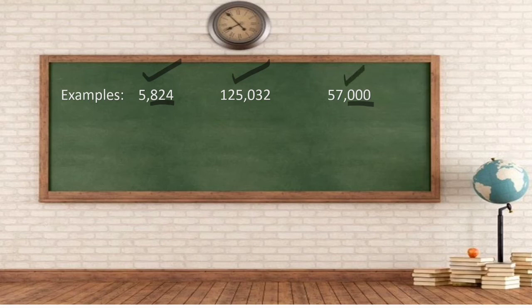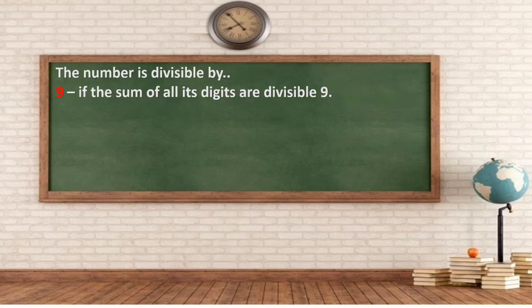Okay. Next rule. The number is divisible by 9 if the sum of all digits is divisible by 9. Okay, example is 5418.